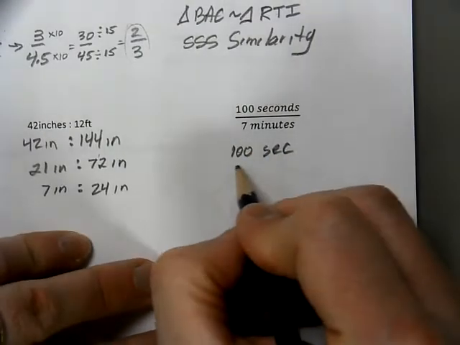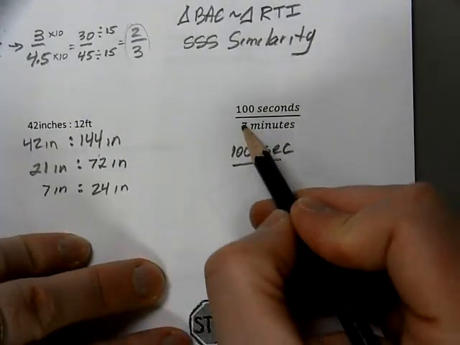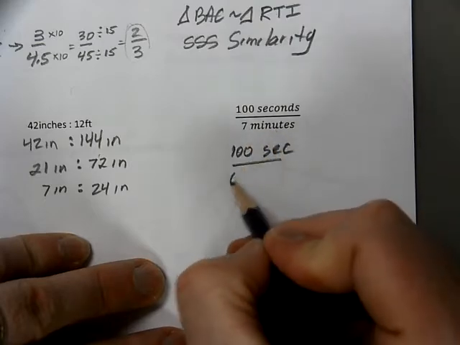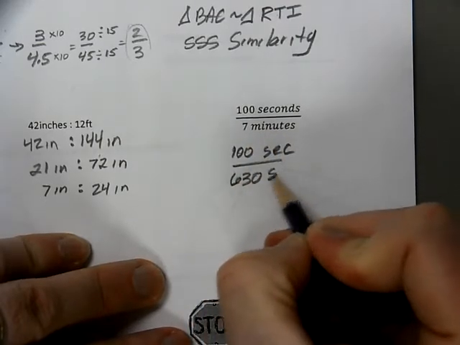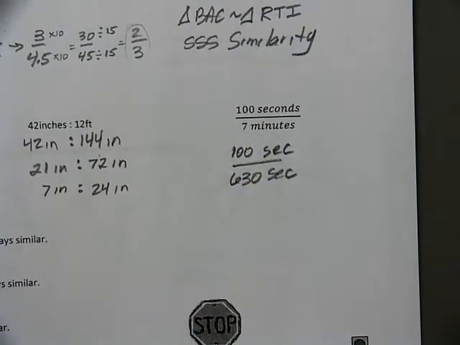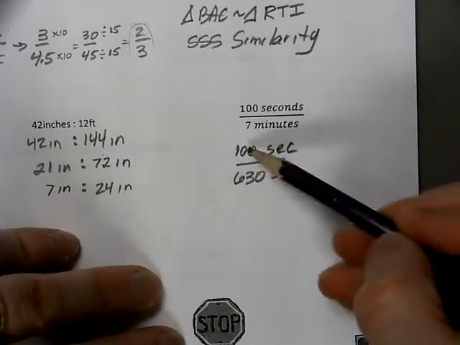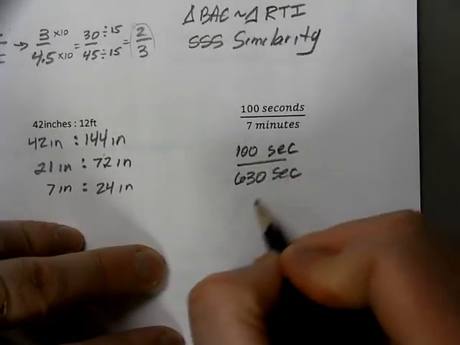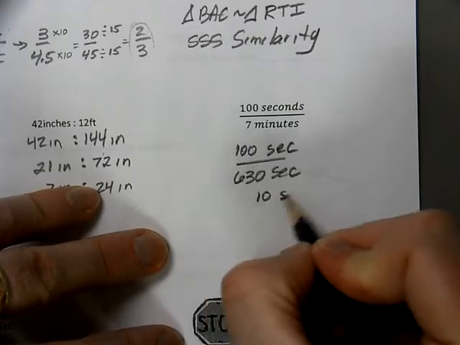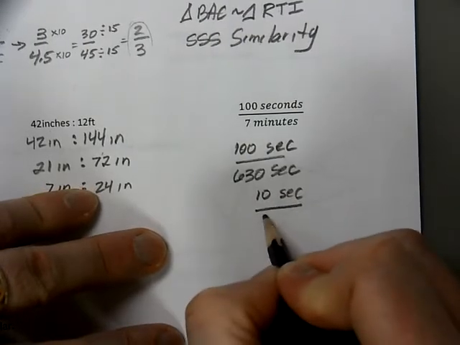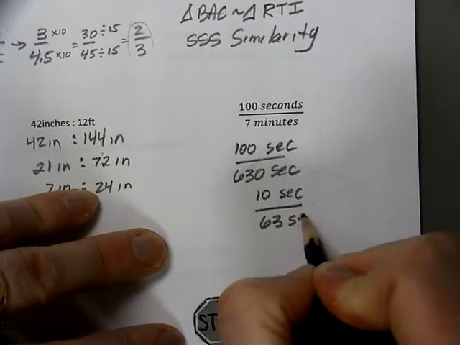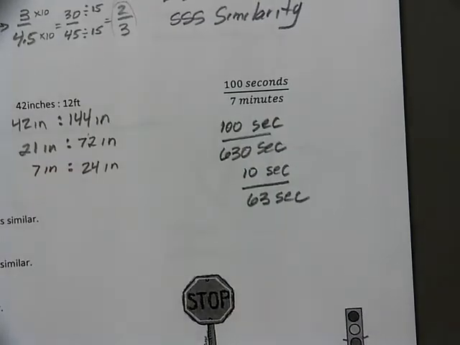So you have 100 seconds over 7 times 60, which is 630 seconds. And 10 goes into both of those numbers. And there we see that 10 seconds to 63 seconds would be our reduced format.